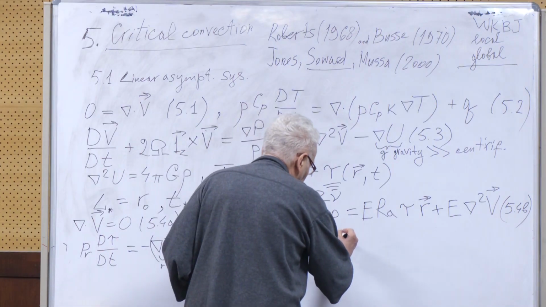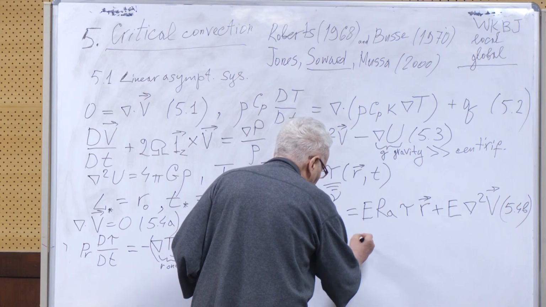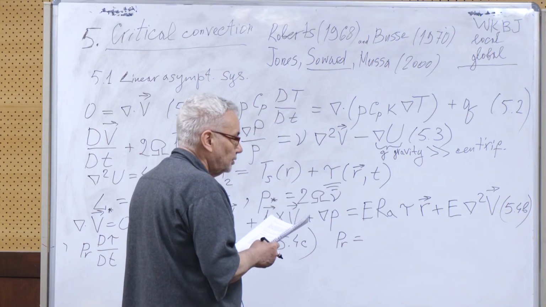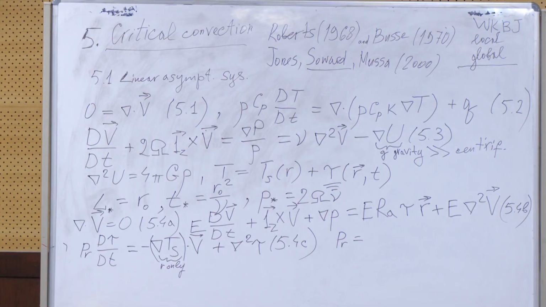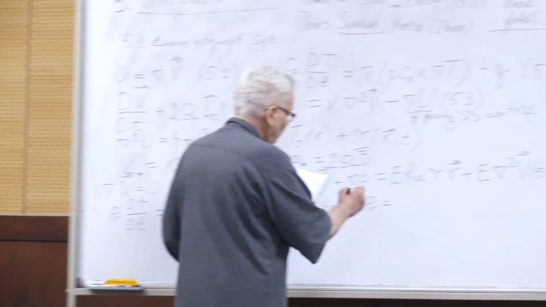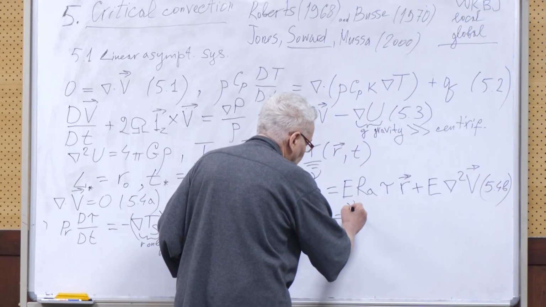First of all, we write down the Prandtl number. Everything is listed. The Prandtl number is the ratio of viscosity to diffusivity.